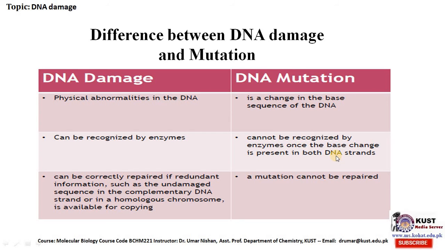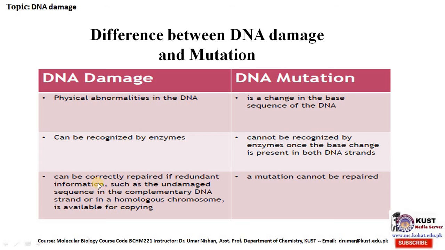If the change is present in both the strands, this change will be carried on along the different replication stages, because when the two strands are separated, the parent strand will carry this change with itself. So the system will not be able to recognize it, and this change will be carried to the next generations. So a mutation can't be recognized once it has established itself.